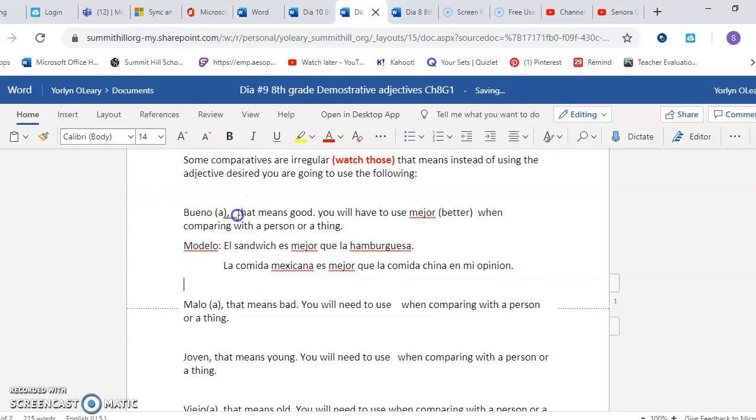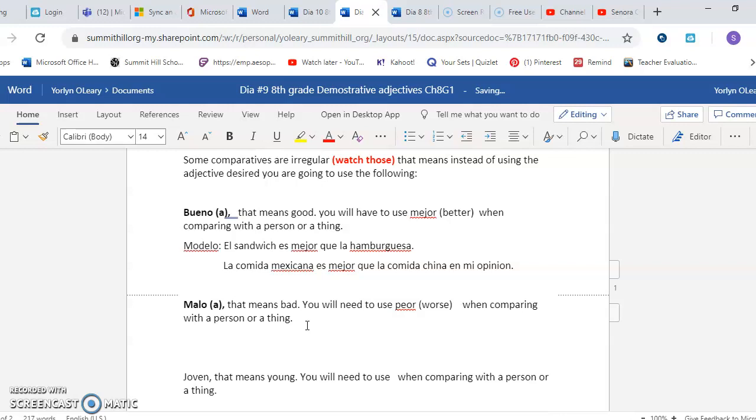Here's the next one, and I'm going to kind of put them in bold so you guys see this. Malo. Malo means bad. We don't say better, right? Oh, this is better than the other. No. When you're comparing, you are going to use worse. So the word in Español is peor. Say it. Peor. Peor. And that means worse, when comparing a person or a thing.